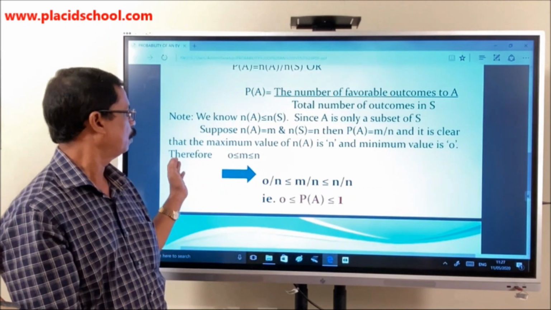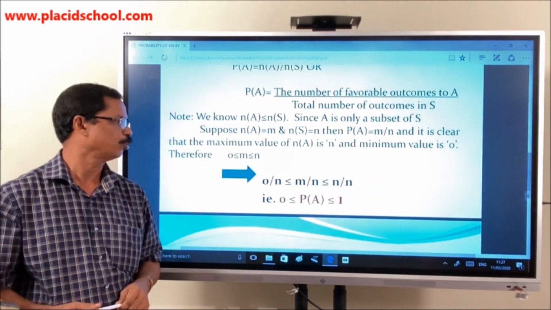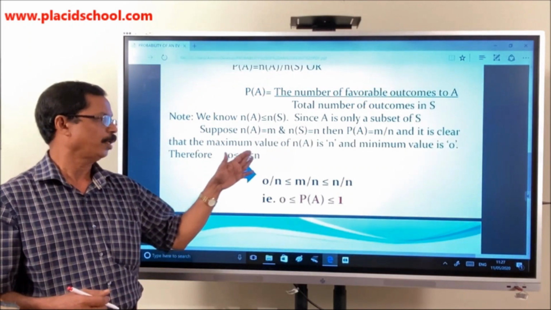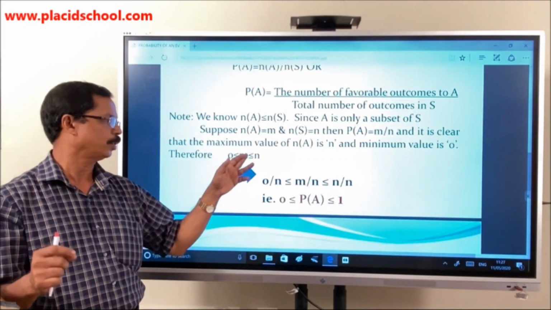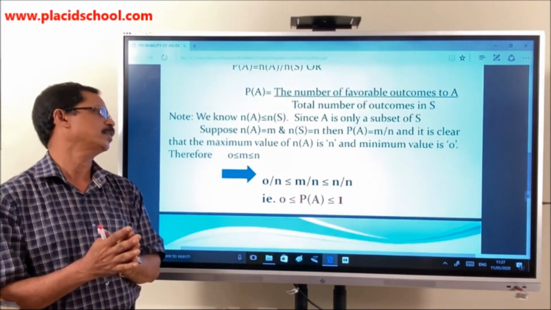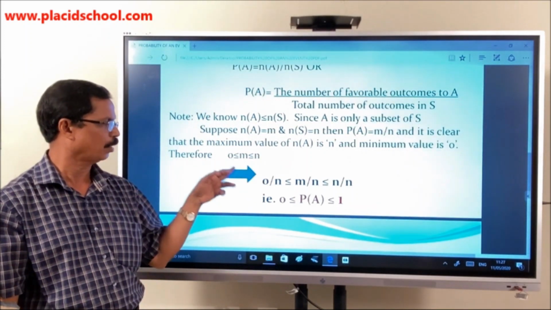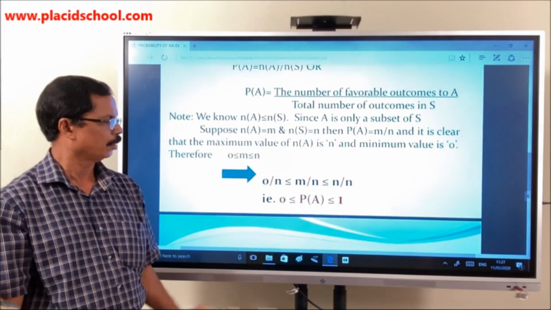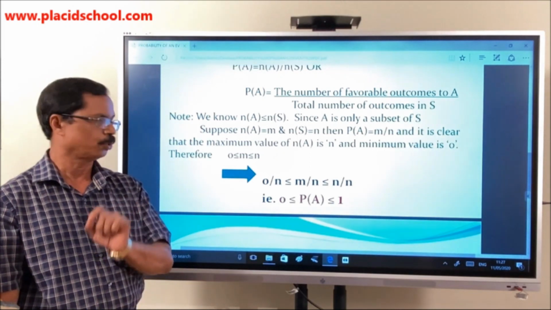So let us find out another result, that is 0 less than or equal to M less than or equal to N. So that means the maximum value of M is N, it cannot exceed N. So M lies always between 0 and N, including 0 and N. So now you divide throughout by N, then 0 by N less than or equal to M by N less than or equal to N by N. That is 0 less than or equal to P of A less than or equal to 1.